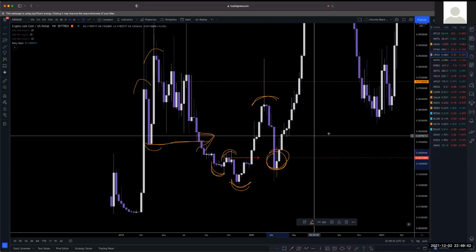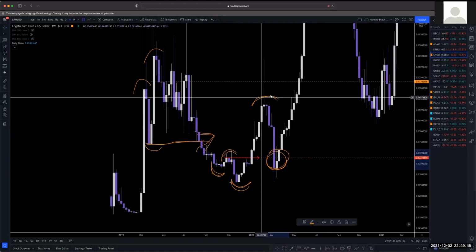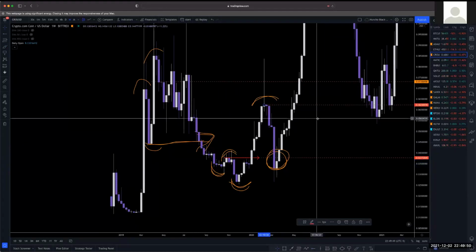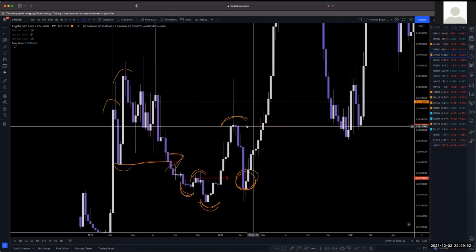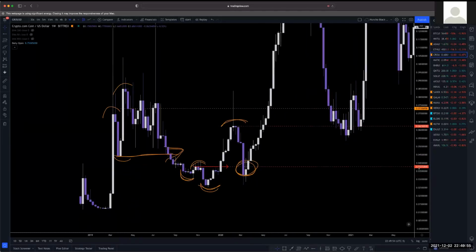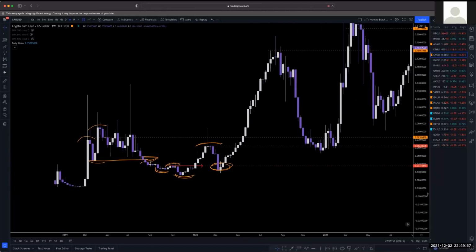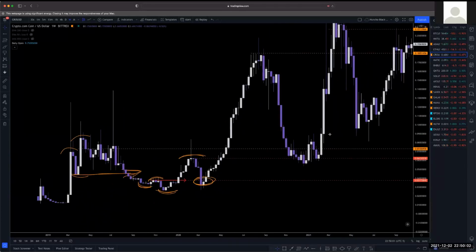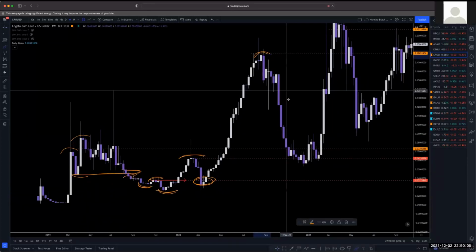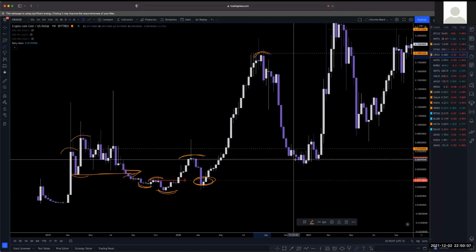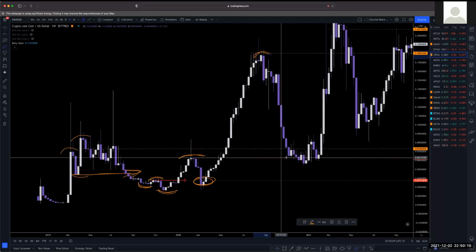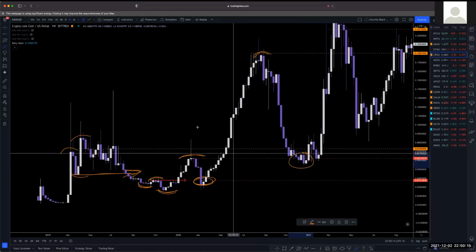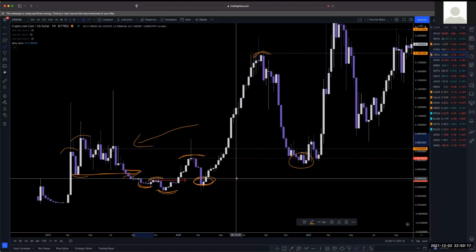Now we created a new weekly higher high and a new daily higher high, so I'm going to mark that out as my daily higher high, the red one. And when we came down, what did we do? We came right back down to that resistance level, not only our daily resistance, but also our weekly resistance level.